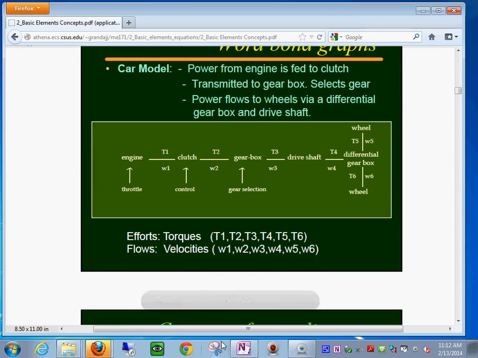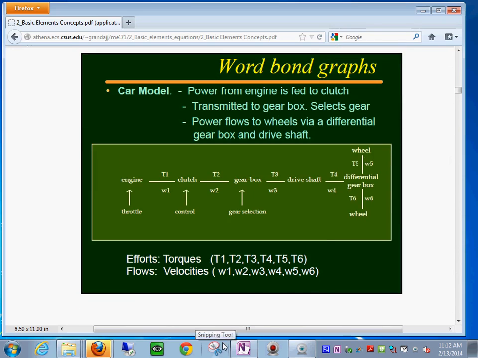Let's go to the next one. In here you have a car model, with just the engine and the clutch and the gearbox and the drive shaft and the two wheels. You see, it is in words right there. But with this topological representation, you have the ability to make a more detailed model than you would with other methods.